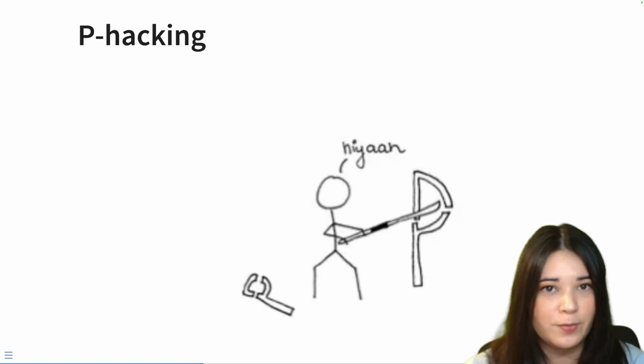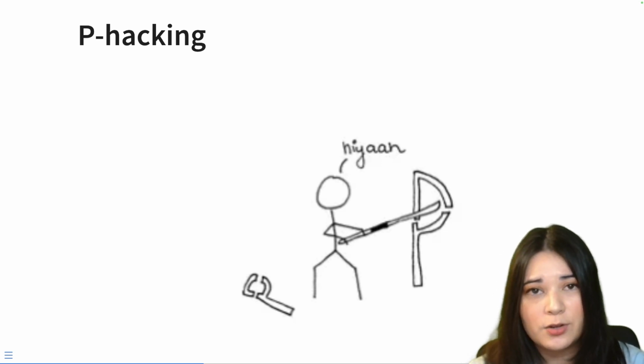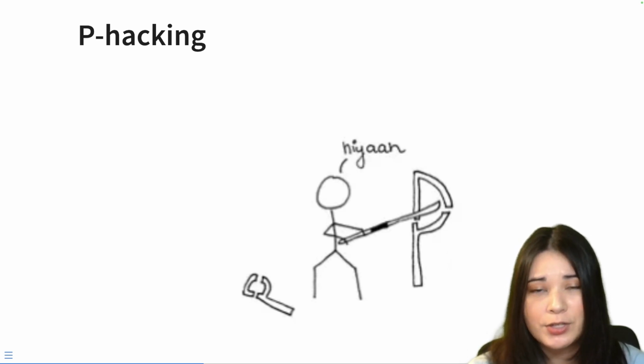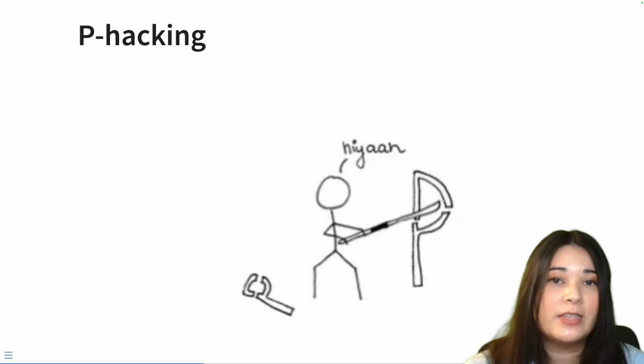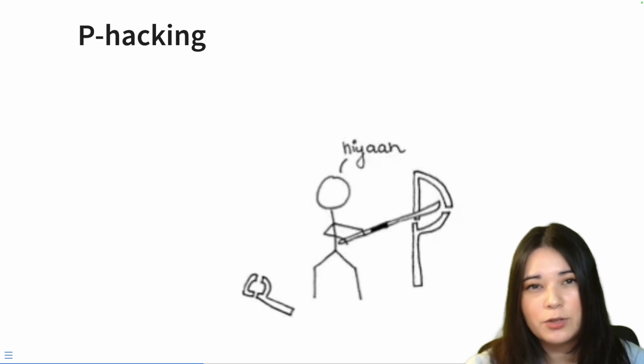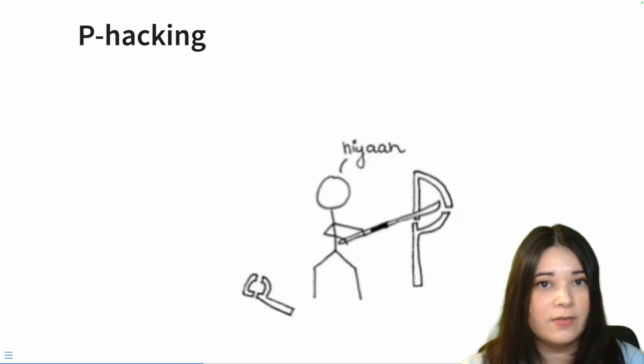So people are often making decisions trying to get their p-values below 0.05 so that they can reject the null and find an effect. P-hacking is a pretty big problem that would require almost its own class to discuss thoroughly, but what I want you to think about is the fact that if you're going to do frequentist analysis, make sure that you don't make your decisions based on whether or not p-values are significant.